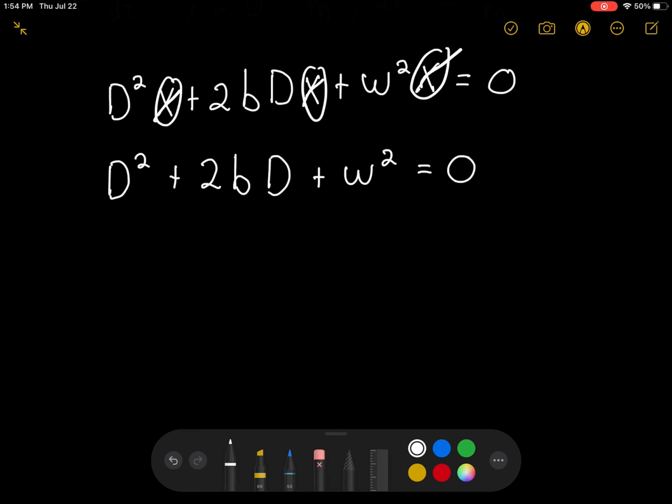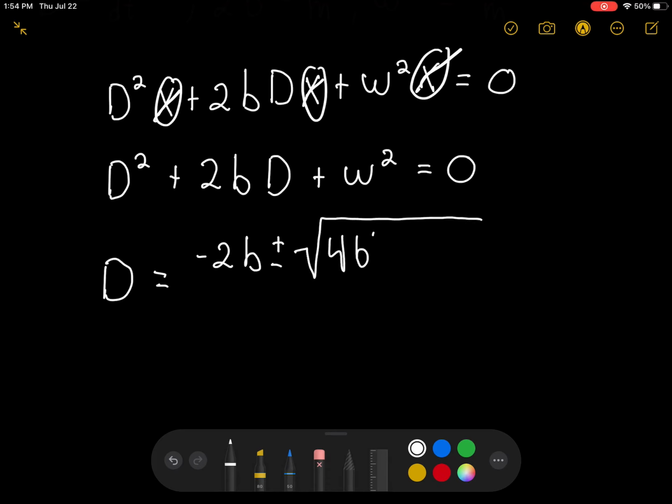Well, we've ended up in this situation where this kind of looks like something that we could use the quadratic formula with. Instead of x equals negative b plus or minus the square root, etc., etc., we're going to say that D is equal to negative 2b plus or minus the square root of 4b squared minus 4 omega squared, all divided by 2.